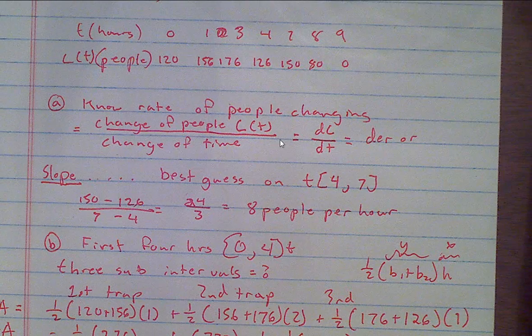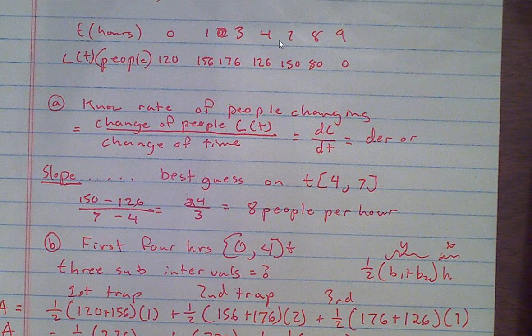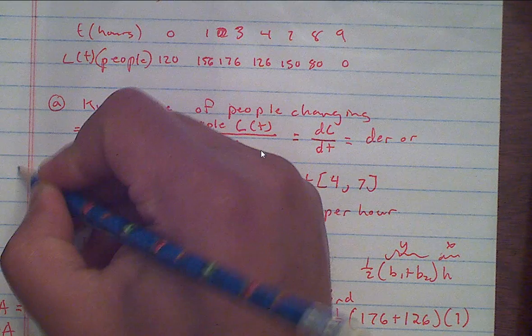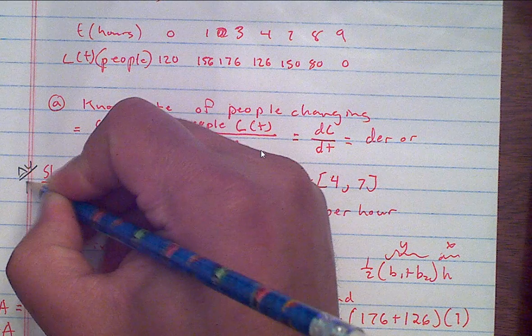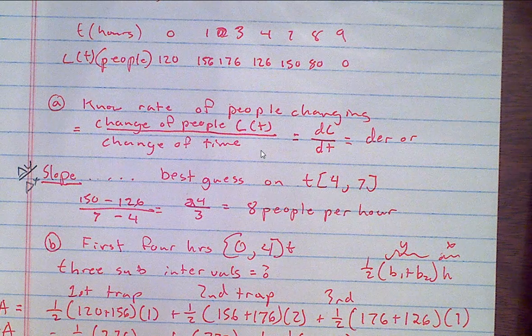Well, 5.5 is right here between 4 and 7. So if we want to know the rate of people changing, that's a change in people over time. That's the same as the change in y over the change in x. This is one of those things you just have to know, that it's the slope formula.